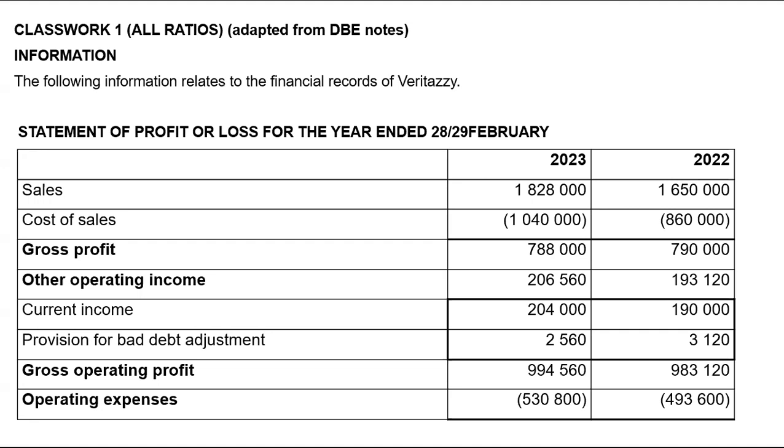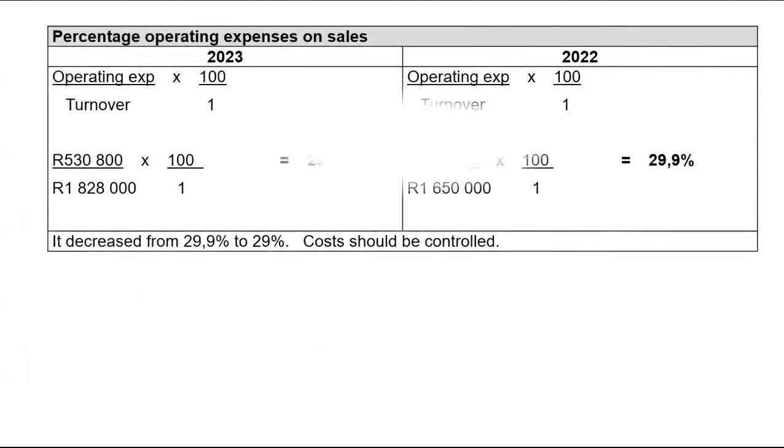That is for 2023. For 2022, your operating expenses on sales will be 493,600 divided by 1,650,000 times 100. And when you calculate those figures, for 2023, you will get 29%, and for 2022, you will get 29.9%.